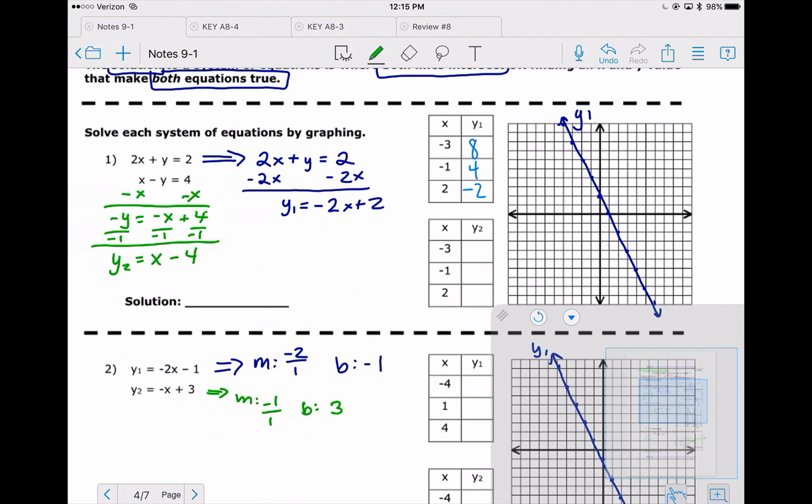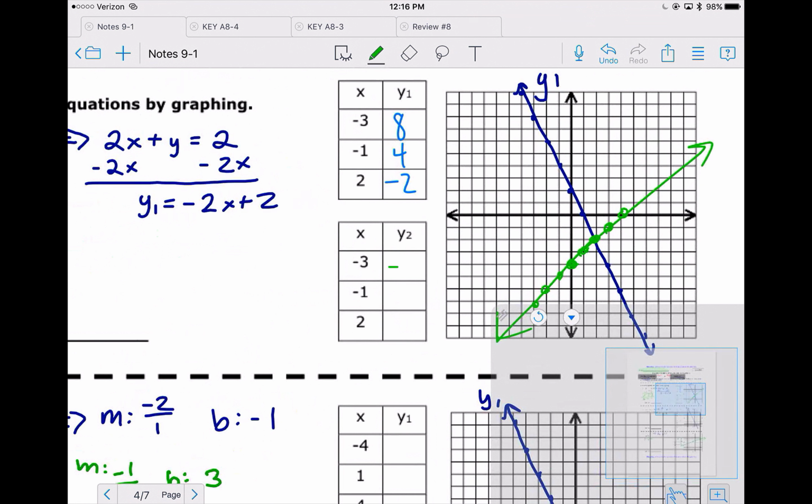The second equation has also been solved for us, but we have to graph. To fill in the table using the green line, when x is negative 3, y is negative 7. When x is negative 1, y is negative 5. When x is 2, y is negative 2.